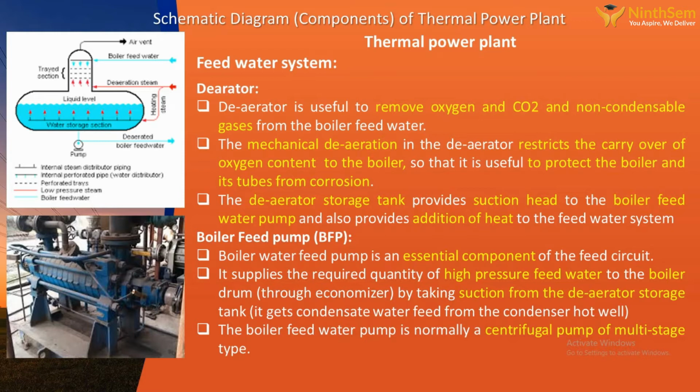As we already discussed, the deaerator is useful to remove the excessive non-condensable gases and oxygen content in the feed water system in order to reduce the corrosive effect in the boiler elements. Also, the boiler feed pump is a multi-stage high pressure pump, useful to supply high pressure feed water through the economizer to the boiler, and this boiler feed pump takes suction from the deaerator storage tank.